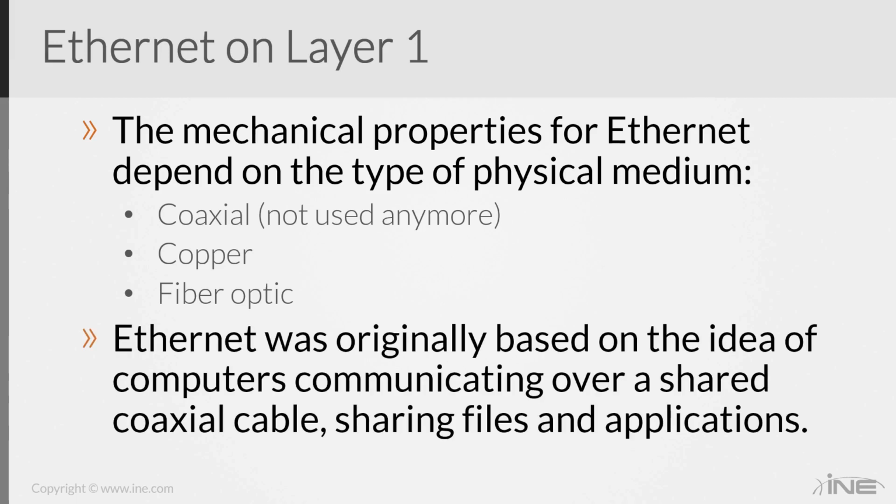Ethernet was originally based on the idea of computers communicating over a shared coaxial cable, sharing files and applications. That style of deployment was typically referred to as thicknet, and it's a little dated, late 90s, early 2000s. I've never personally seen it, so that's based off what I've been told by people that have experienced it.